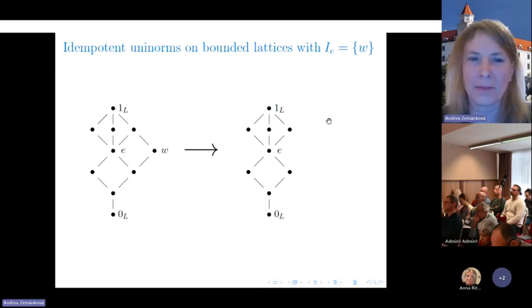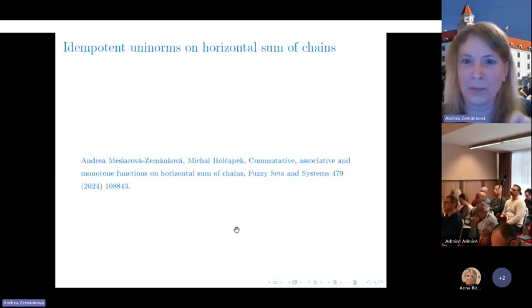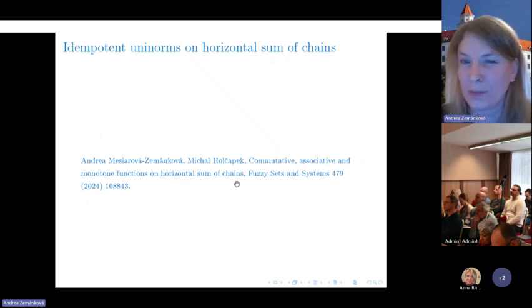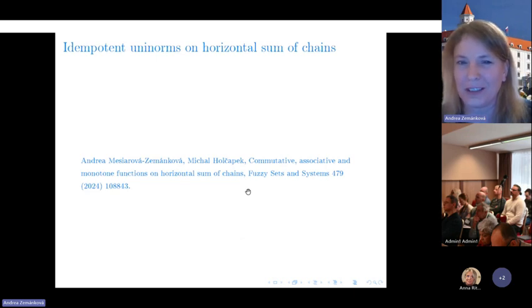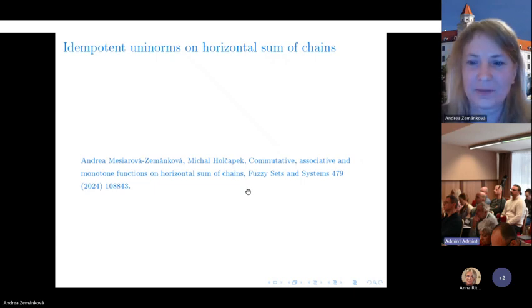You mean that we have this n-dimensional diamond lattice? Yes, but only for neutral elements W1, W2. If we add the non-comparable element for neutral elements. If I understood that correctly, then it is exactly in this other paper, which deals with commutative, associative, and monotone functions on horizontal sum of chains. Is it so that you mean that you have a lattice which is a horizontal sum of chains? Yes, but only with neutral element.